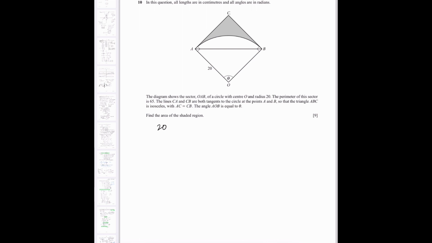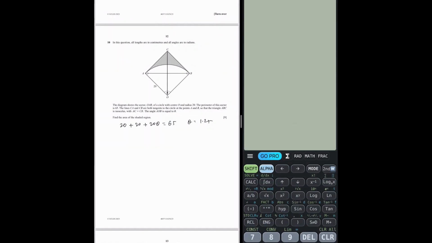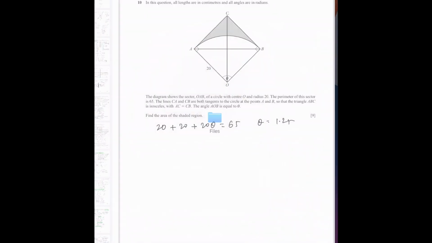20 plus 20 theta equals 65. So theta equals 1.25. Done. 1.25 divided by 2, 0.625.